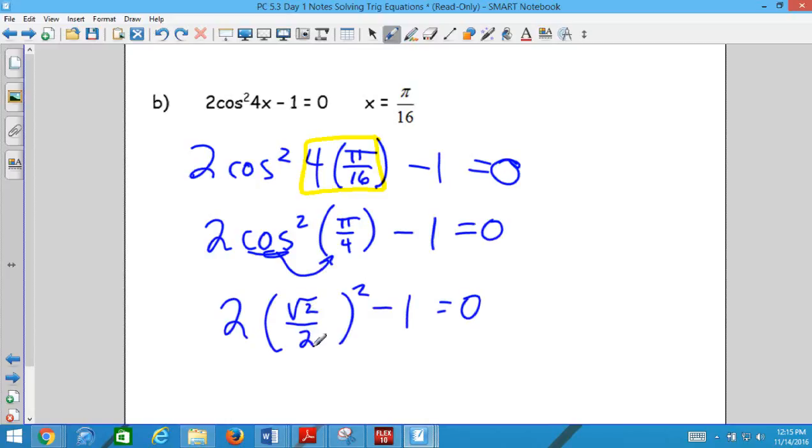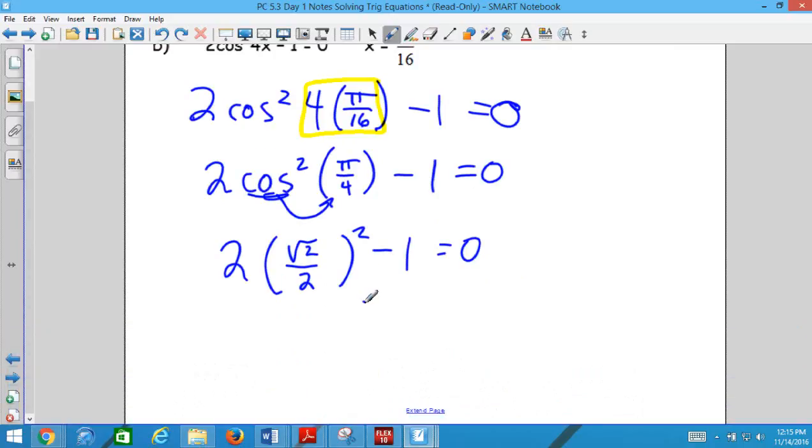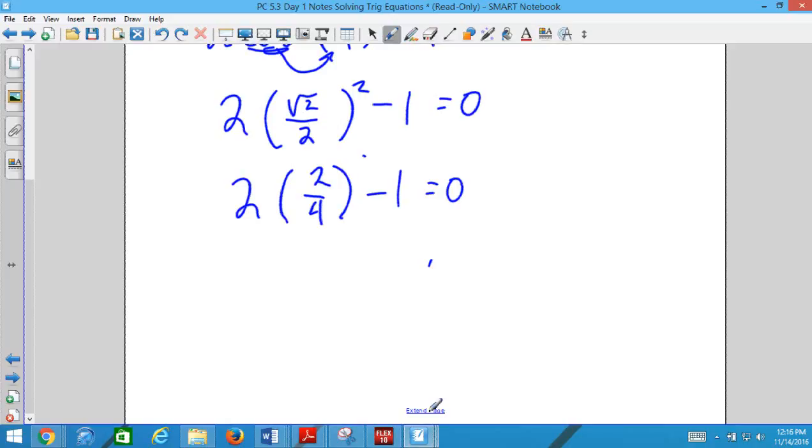Then we'll square that amount. After you find the cosine, you do the square. We get 2 times 2/4, and 2 times 2/4 is 1. So you get 0 equals 0.